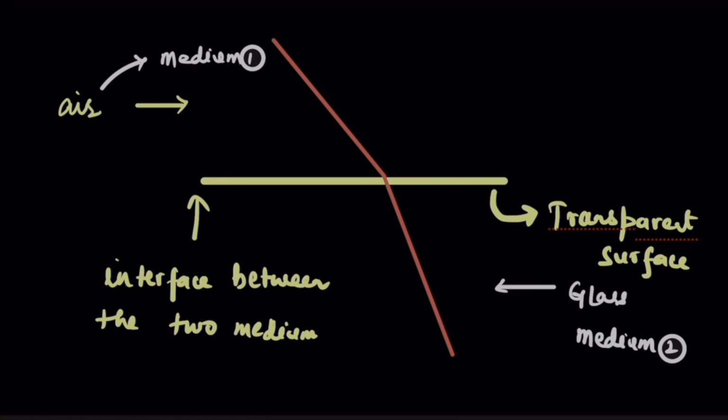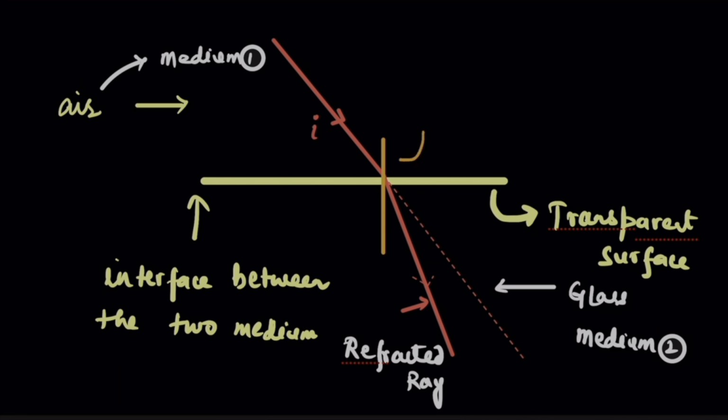As you see here, if there is no medium 2 present, this incident ray could pass through this way, but because of change of the medium, the incident ray gets refracted, and due to that bending of light takes place. Now this ray is called as refracted ray, and this is a normal.